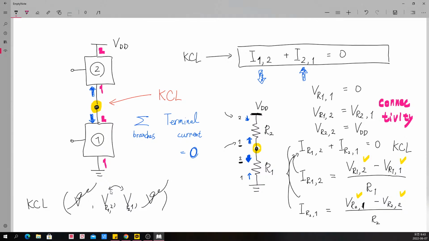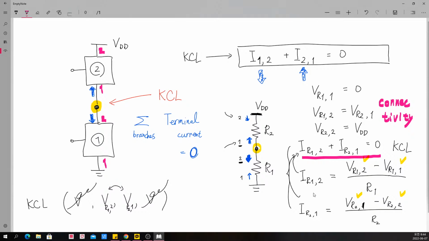Okay, so up to now I have just considered a really simple case where we have just two resistors, but the point is this discussion can be easily generalized. What I have done was just to specify the KCL. And of course, KCL needs the information about terminal currents.